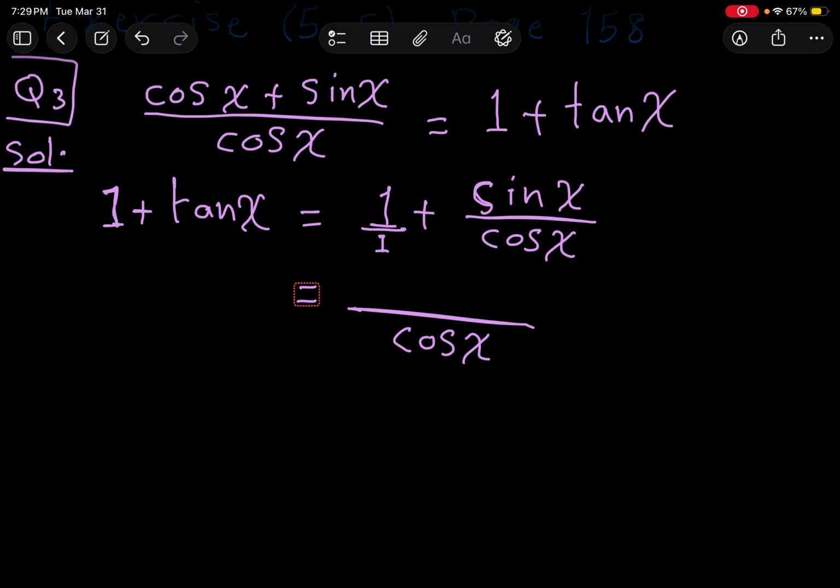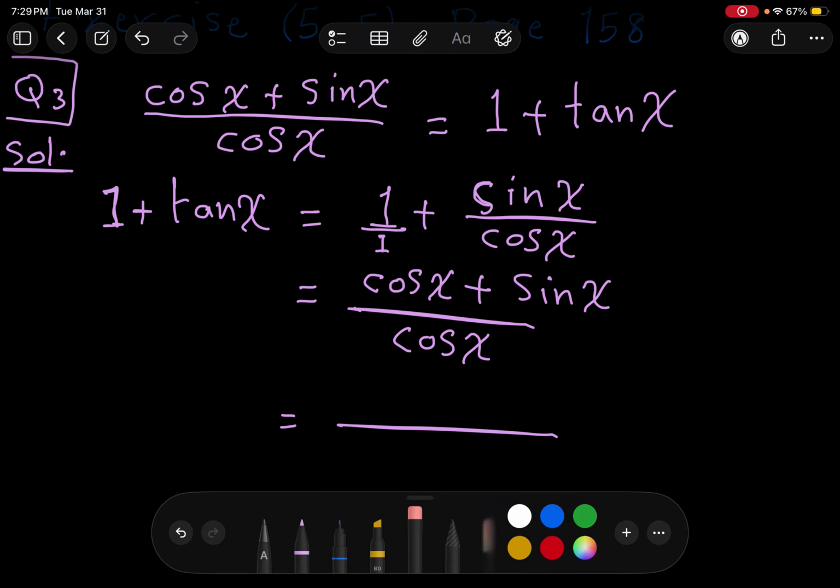So cosine x here, cosine x plus sine x, equals cosine x plus sine x over cosine x. So we got the left side. Finish, because we got the left side, cosine x plus sine x over cosine x.